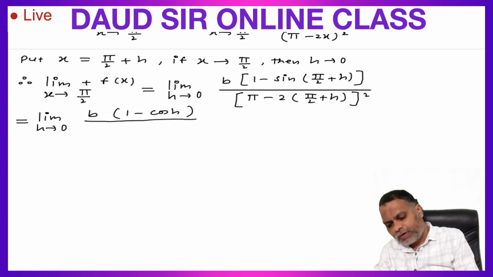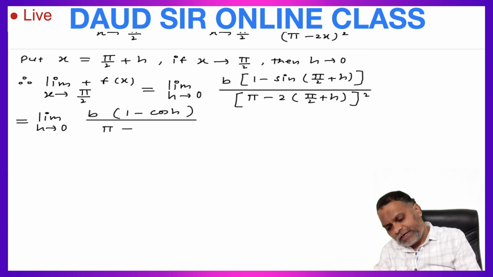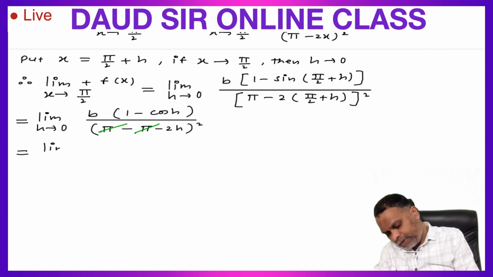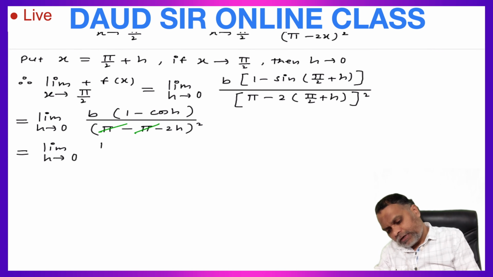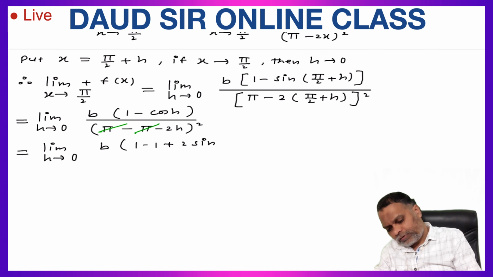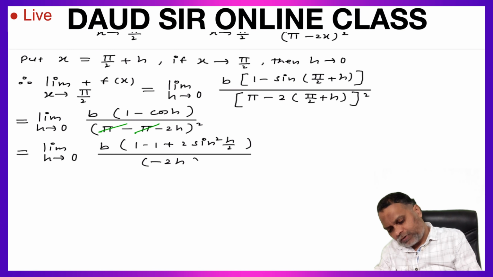Upon (pi minus pi minus 2h) whole square, so the pi and minus pi cancel, which is equal to limit h tends to 0, b into 1 minus cos h, upon (minus 2h) whole square.